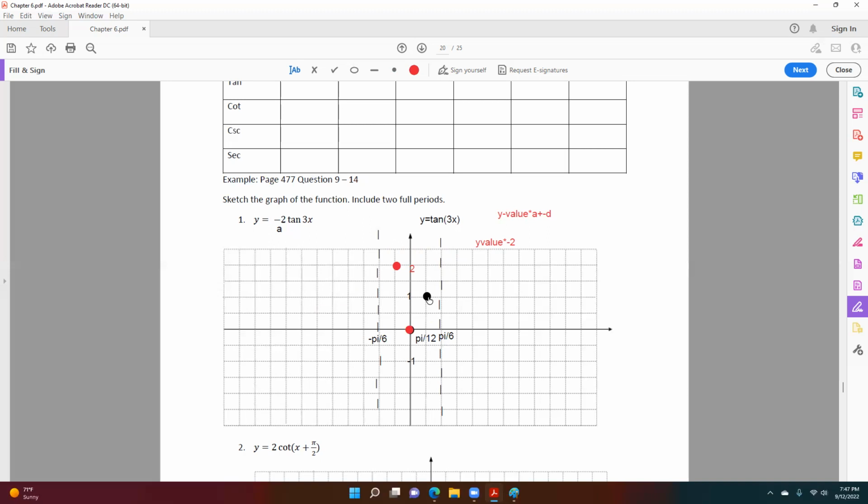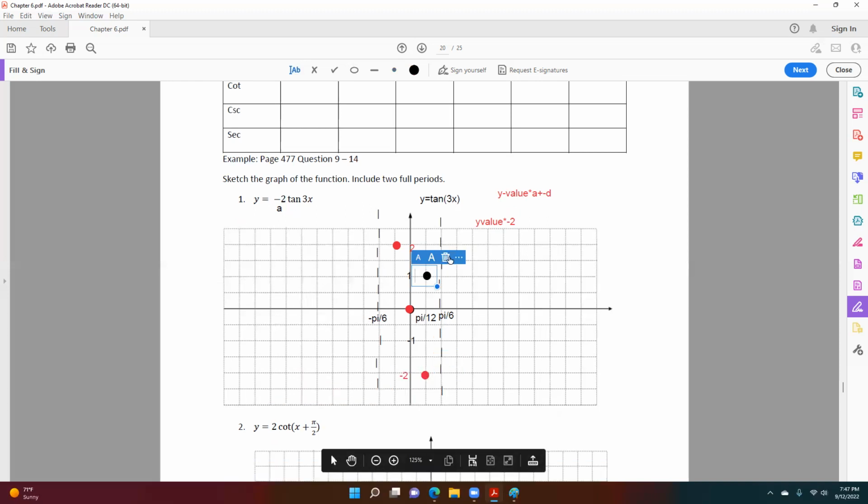Same thing happens to this. This y value is supposed to be at 1. So when you multiply by -2, 1 times -2 is -2. So this point will move to -2, and this point is no longer there.